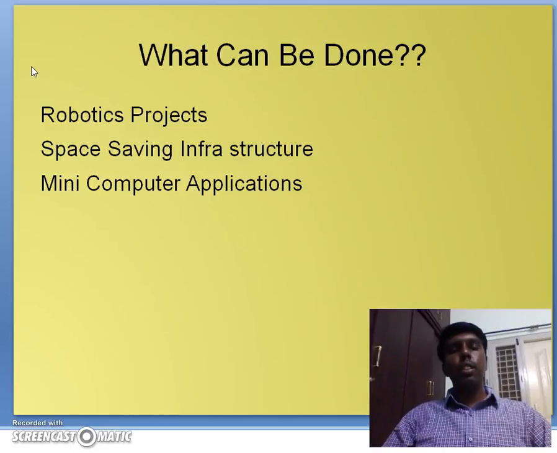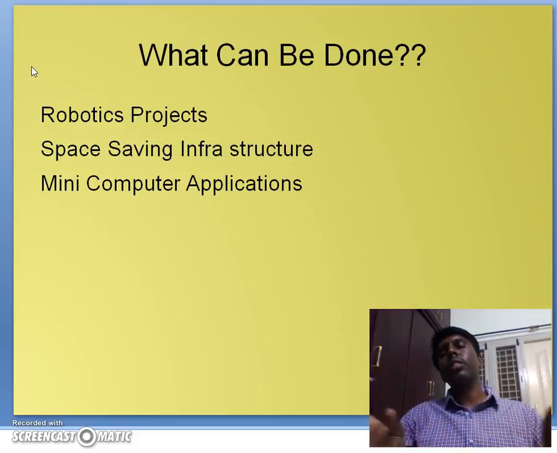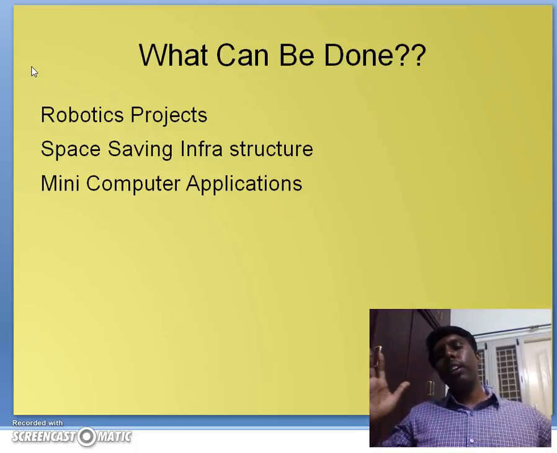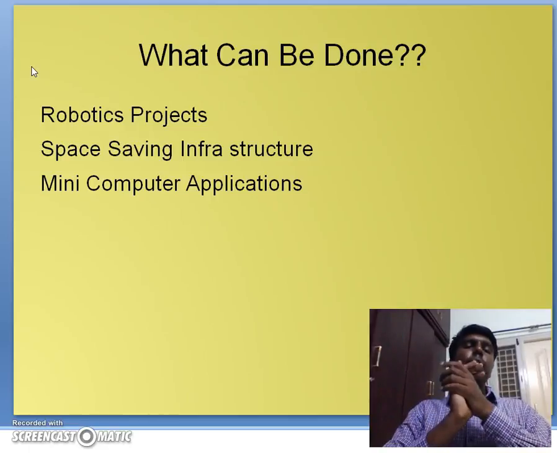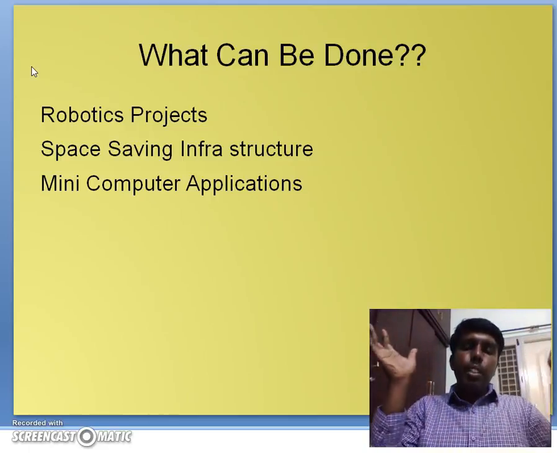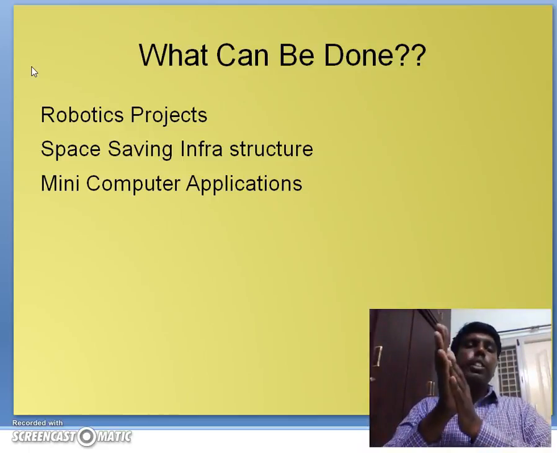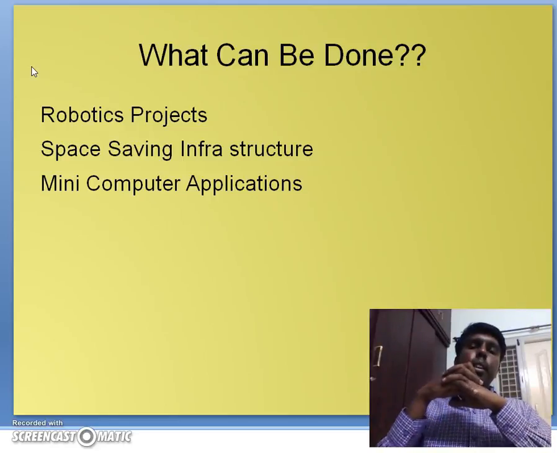What can be done with this Raspberry Pi is mostly robotics projects, and you can save space. When you need some network devices for smaller applications, you cannot carry big CPUs around. If you want to save the space which the CPU takes, then you can go for this Raspberry Pi.